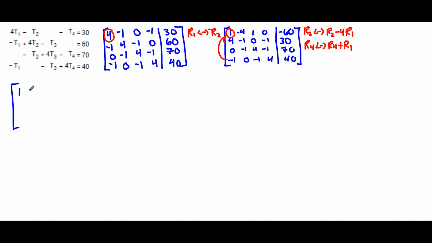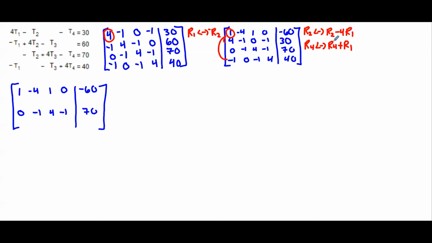So row 1 stays the same. Row 3 stays the same because it already had a 0. So for row 2, I'm going to subtract 4 row 1.